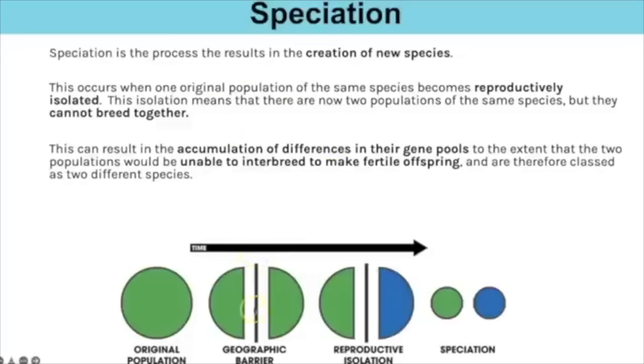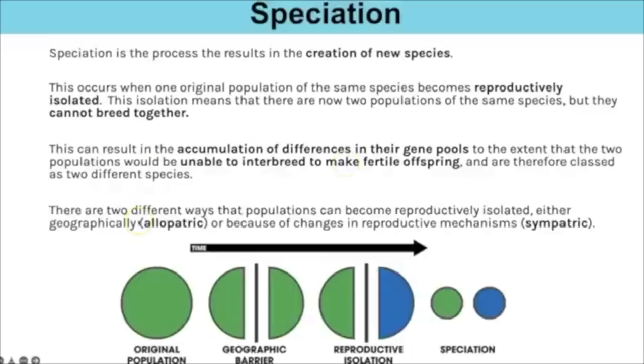So there has to be something that is preventing them from reproducing with individuals from those separated populations. And therefore, over many, many generations of those two populations accumulating different mutations, we end up with them having such different DNA that they cannot make fertile offspring.